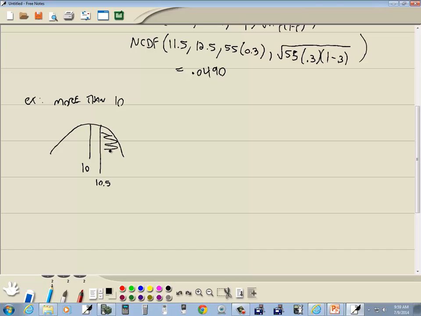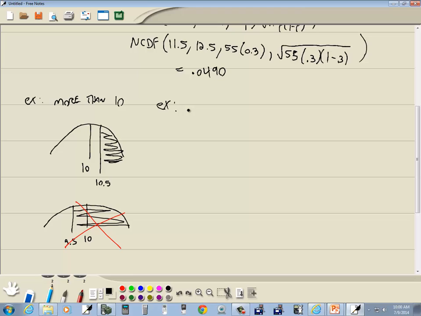More than is shaded to the right, because more than does not include 10, so my shading cannot include 10. If I had subtracted 0.5, this would have been 9.5, and shading to the right would have included 10. And more than 10 does not include 10. So again, if your wording does not include 10, your shading cannot include 10. That should be a whole driver on whether you add or subtract 0.5.